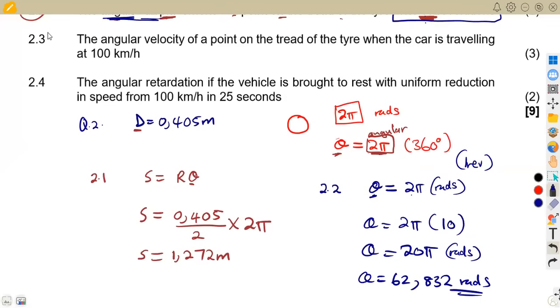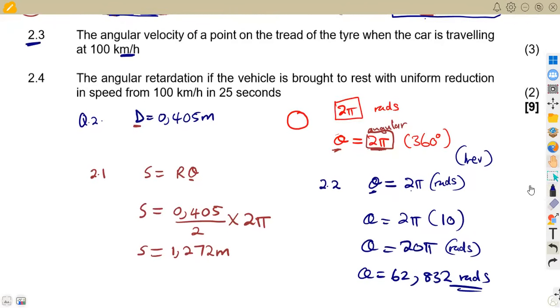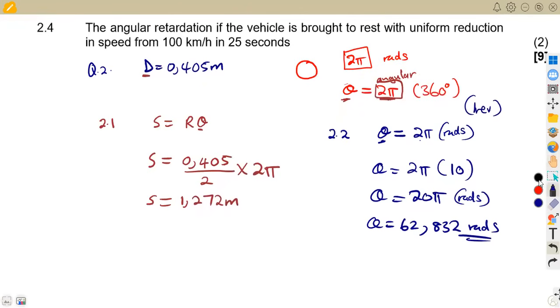Then 2.3. Let's see 2.3. The angular velocity of a point, take note, on the thread of a tire when the car is traveling at. So you need to understand, we need the angular velocity. All right, let us take our information. At 2.3, we need to calculate the angular velocity.